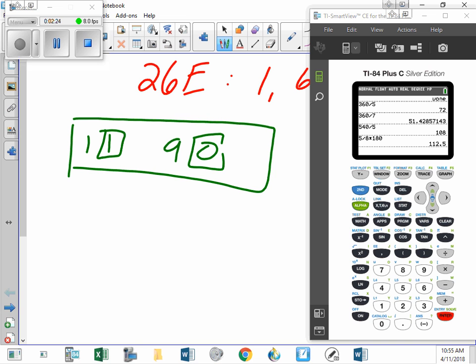Okay. So the null hypothesis would be in 1,000 draws, how many ones should we get? A tenth of 1,000. So 100.